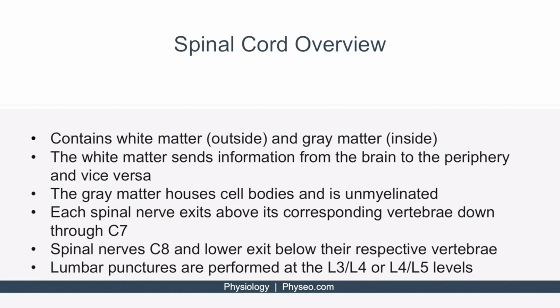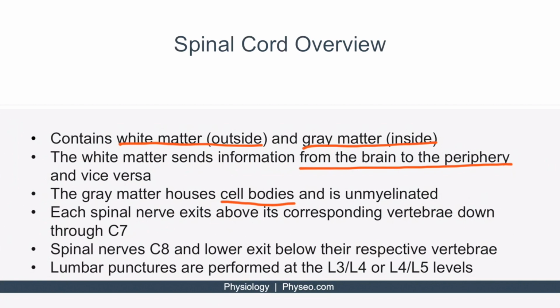So let's just review the basic things about the spinal cord that you need to know. So the spinal cord contains white matter, which is on the outside, and gray matter, which is on the inside. And the white matter sends information from the brain to the periphery and from the periphery to the brain. The gray matter is actually where these cell bodies are, and these are unmyelinated, which is why they are gray.